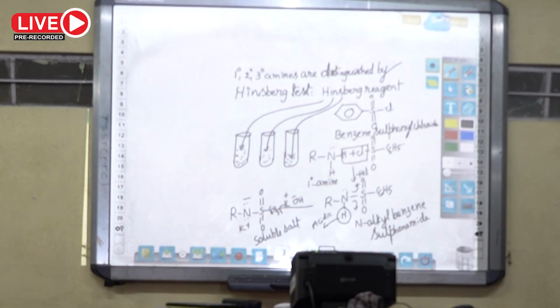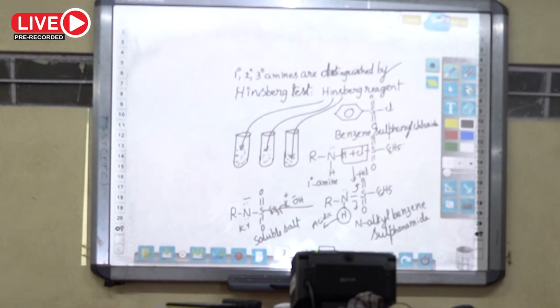So primary amines react with Hinsberg reagent. What is Hinsberg reagent? Benzene sulfonyl chloride. First the HCl is removed. You will get N-alkyl benzene sulfonamide, where N contains the R group. Now in this N-alkyl benzene sulfonamide, the N contains an H atom.